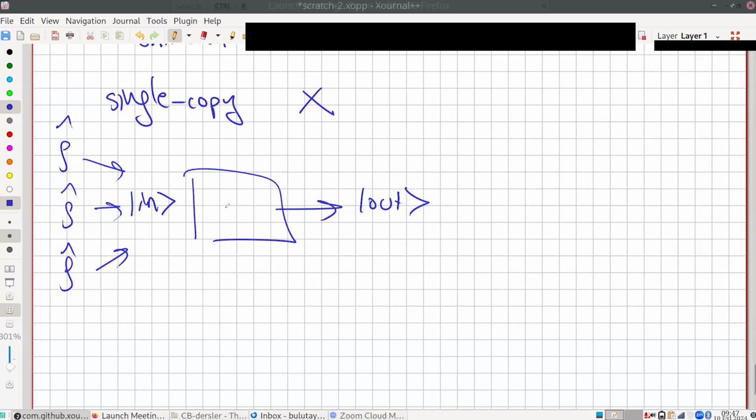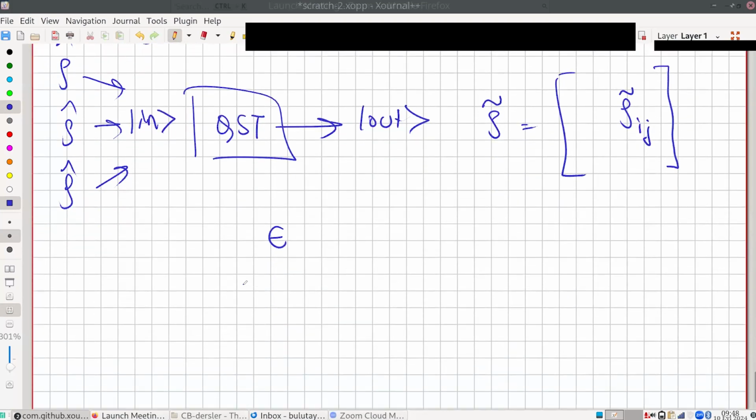And quantum state tomography is identifying, or in a sense, estimating the entries of this density matrix. So these are all estimates of the entries. You have a tolerance, and within that tolerance, you can come close to the exact value of these entries.